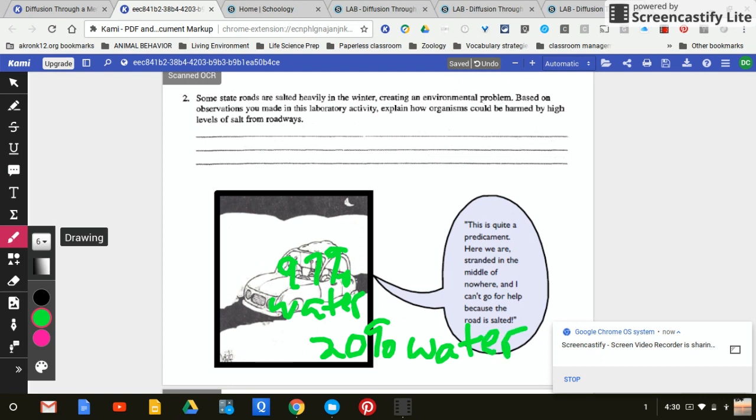So I want you to think about which way water is going to go. Typically, water goes from high to low concentration. So in this case, it's going to leave the organism cells to the environment, and they will essentially dehydrate and die.